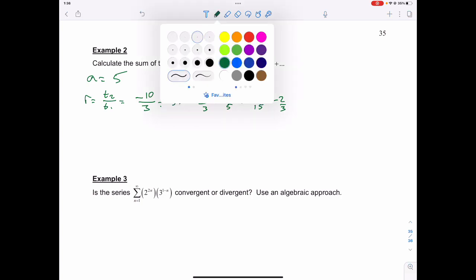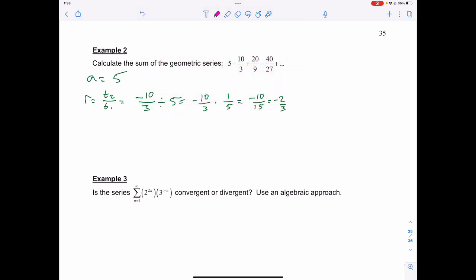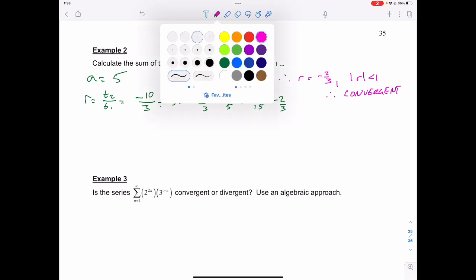We know that because r is equal to negative 2 over 3, and the absolute value of r is less than 1, then this is convergent. That means that we can solve the sum.